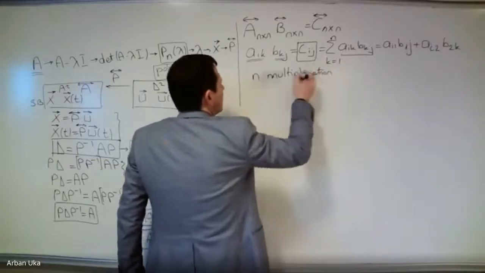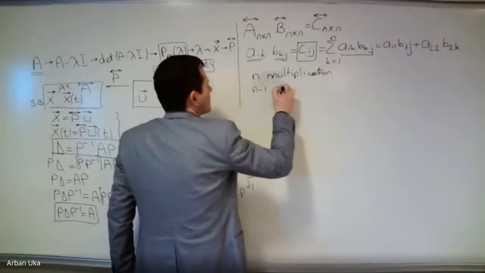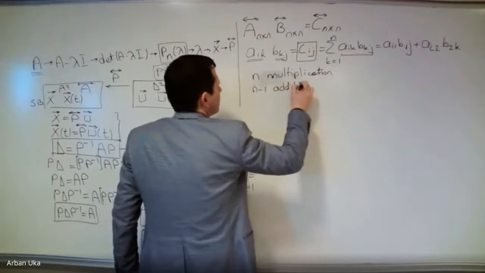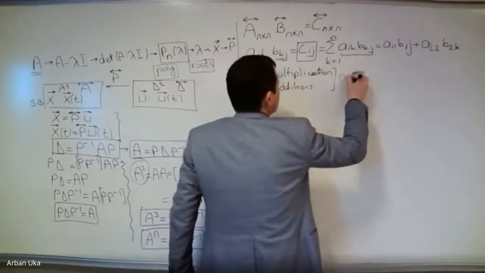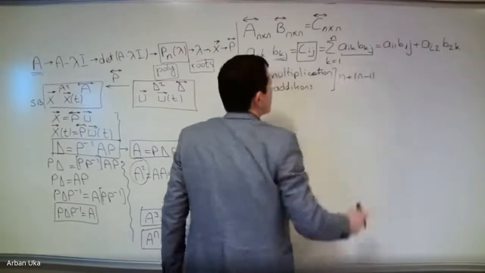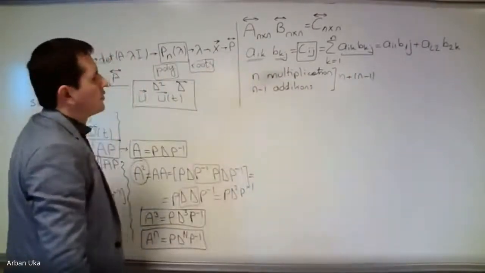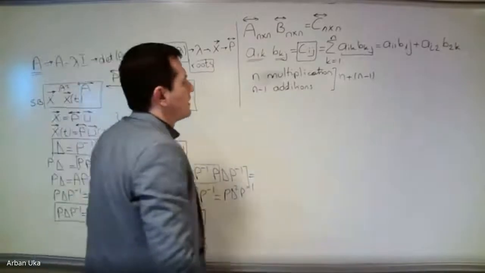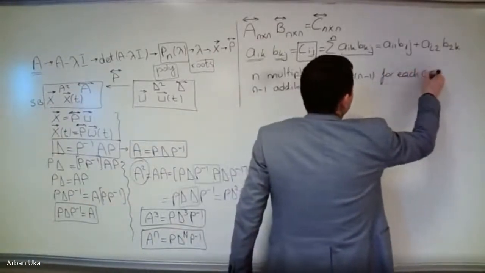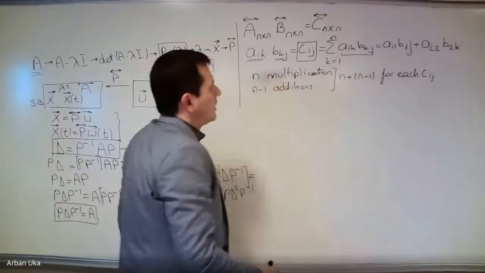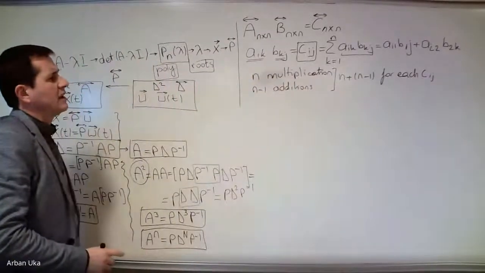So we have n multiplications and n minus 1 additions. So in total, we have n plus n minus 1 calculations for each Cij.